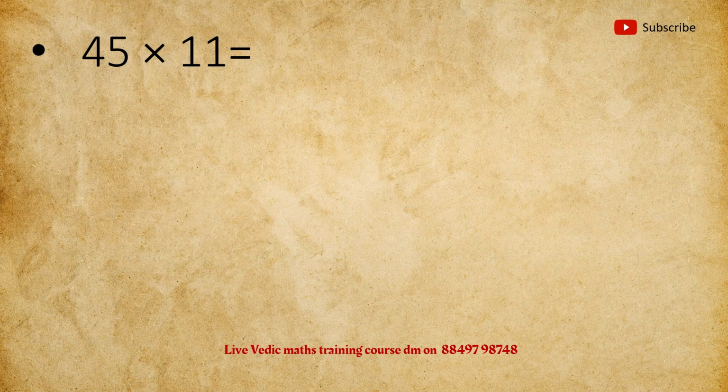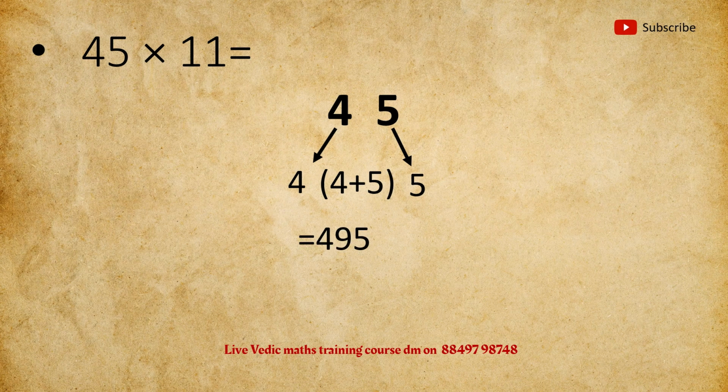Let's take one more example. 45 multiplied by 11. Write 4 as it is, 5 as it is. Third and final step, do addition of 4 and 5, which would be 9. 4, 9, 5. This is your final answer.